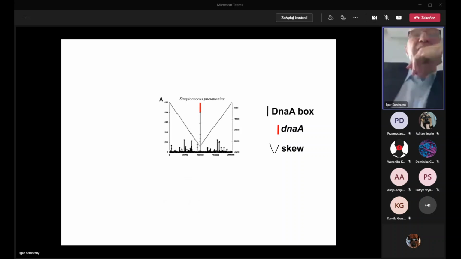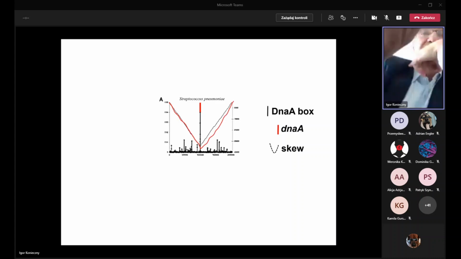And this is just an example of this kind of analysis. So we have the Streptococcus pneumoniae chromosome, and you see that this is an unequal distribution of A's and T's, pointing to this part as the most likely replication initiator.